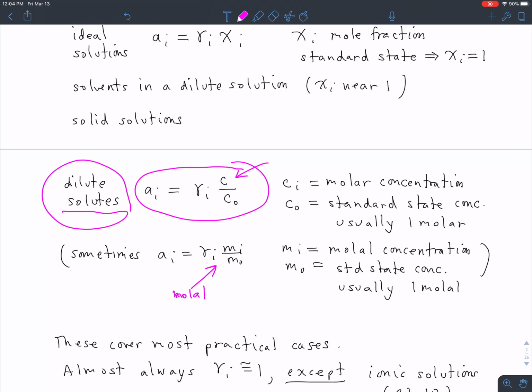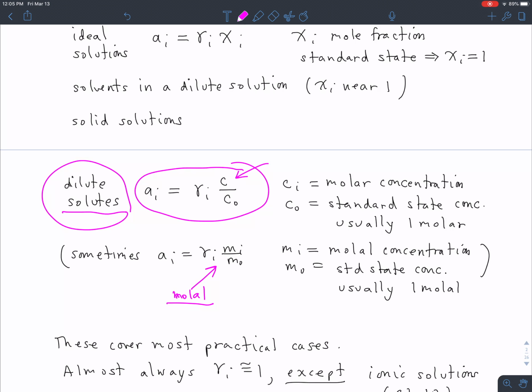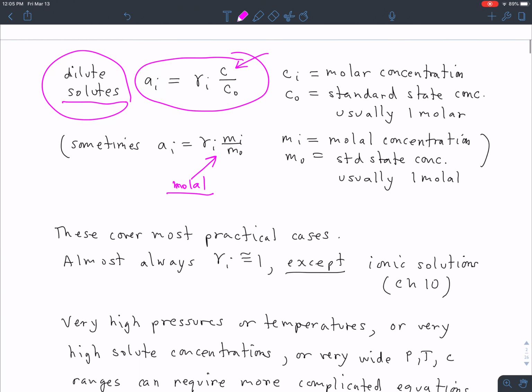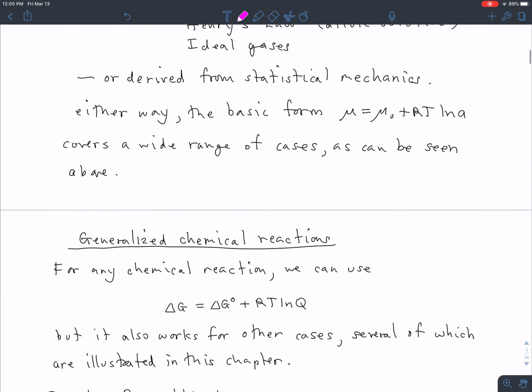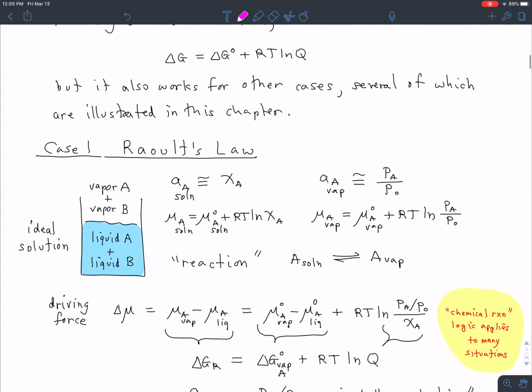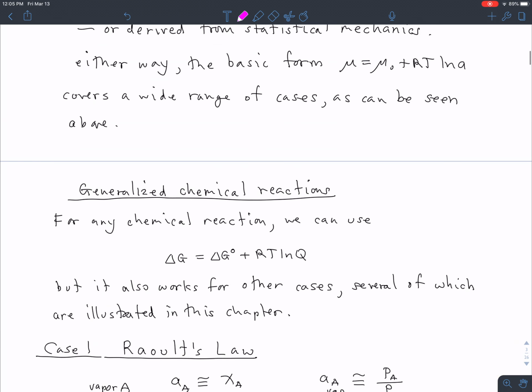I don't know of any situation where mole concentration is really preferable. It's in the books for historical reasons and traditional reasons rather than for accuracy or theoretically justified reasons.